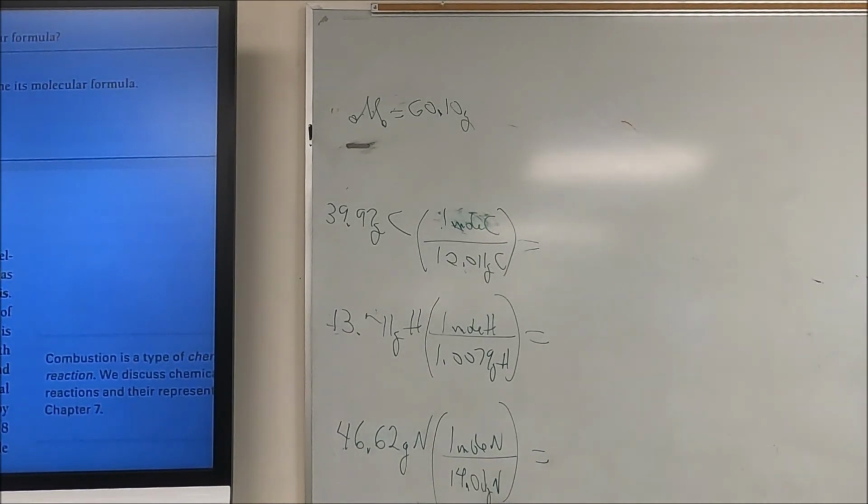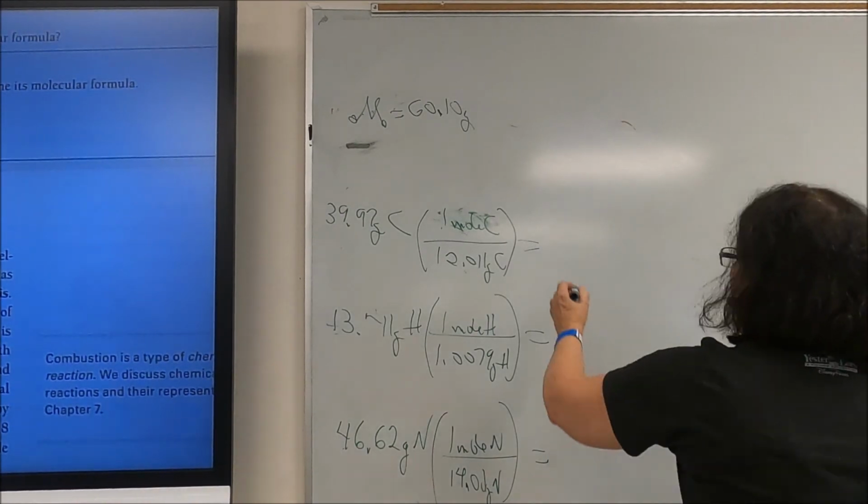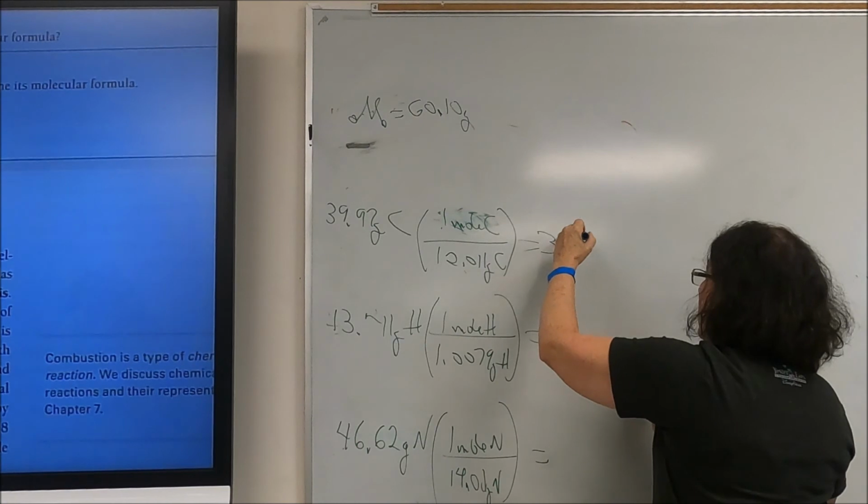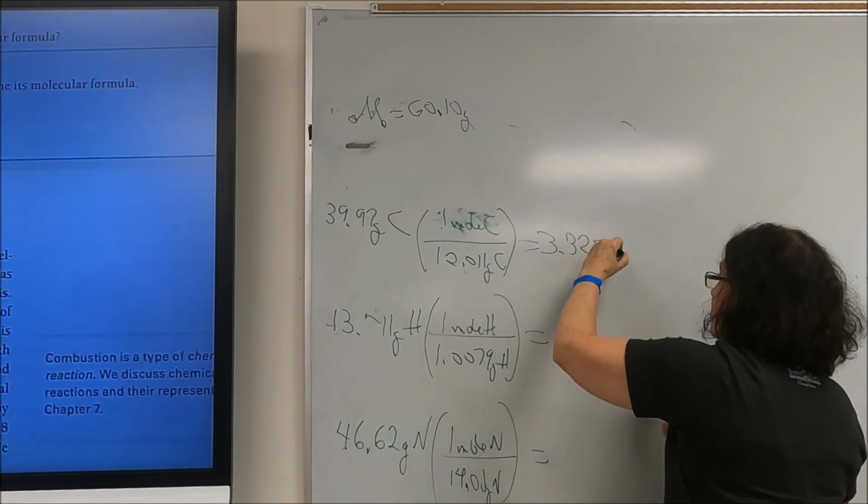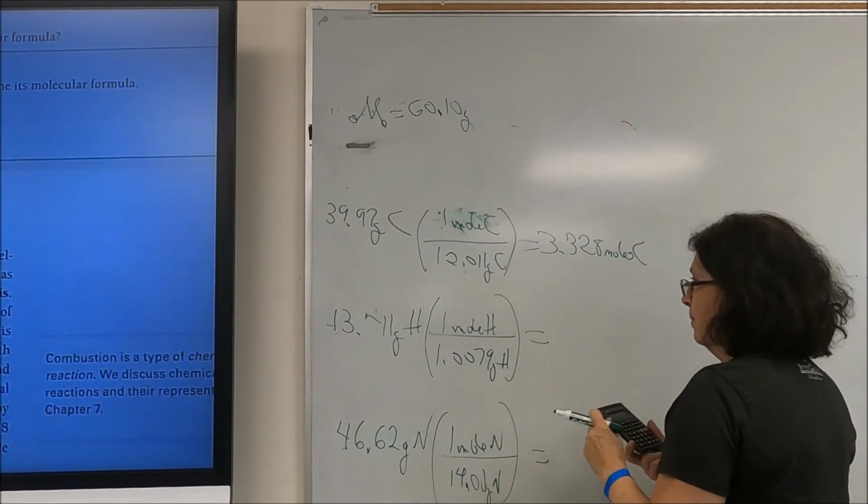So 39.97 divided by 12.011 is 3.328 moles of carbon.